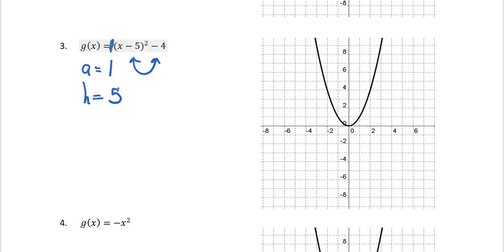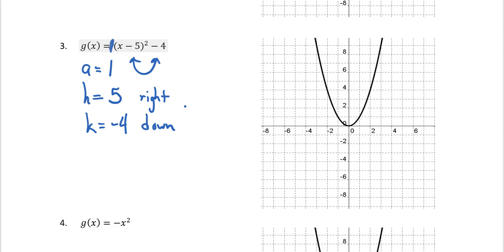The equation says x minus 5, but I remember that that minus is part of the formula, so my h is just 5, which means that we're going to move right 5. We're moving right since it's a positive 5. And we can identify that the k value is negative 4, so I will be going down 4.